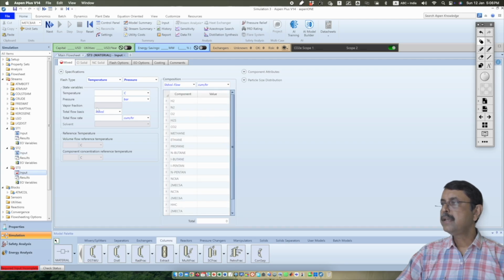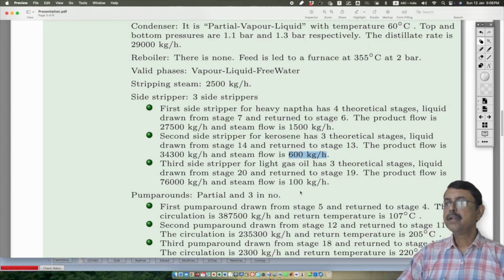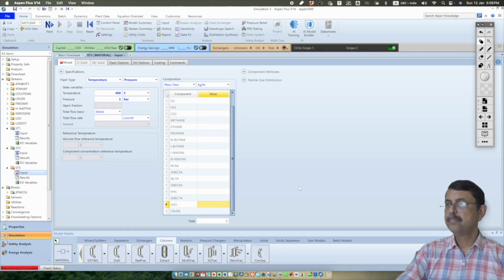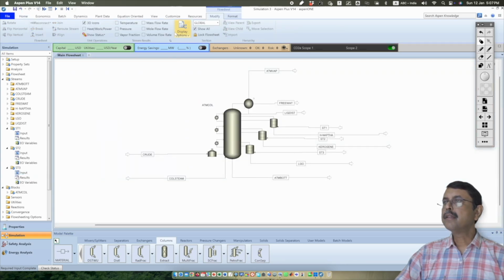And finally, this is 400, 3 bar, and the mass flow rate is 100 kg per hour of steam. Now required input is complete, and we can run the simulation. Let us run.